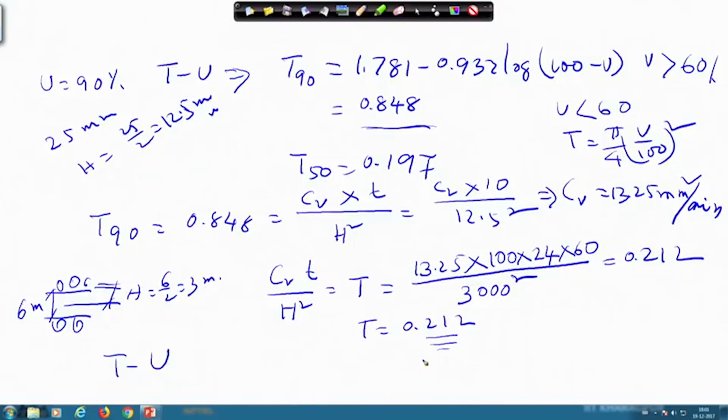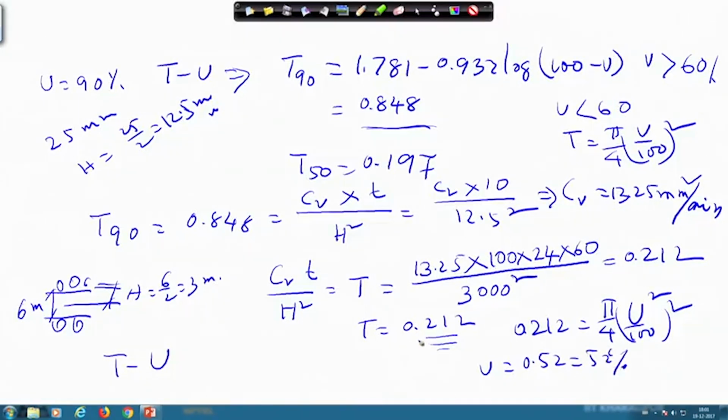I can assume that U is between 0 to 60%, then I can use 0.212 equal to pi by 4 into (U by 100) square. If I do this, it gives you U equal to 0.52, or 52%.